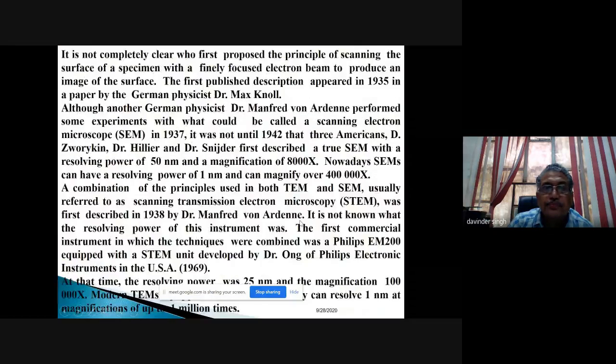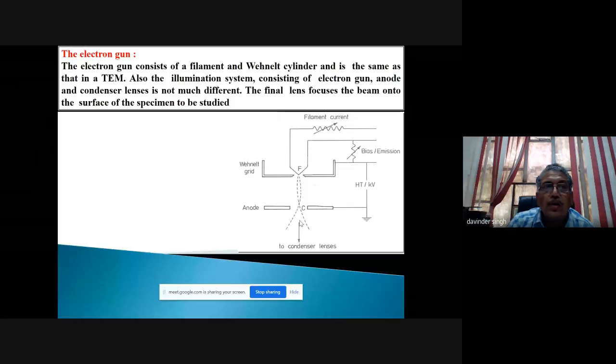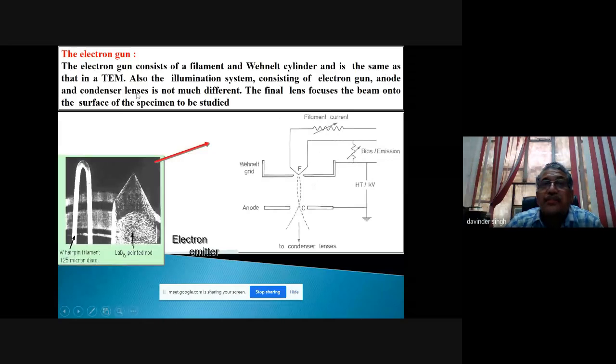The electron gun basically consists of a filament and a wire-net cylinder, and is the same as that in the TEM. So the gun could be either for TEM or SEM, it is the same. Then the anode and condenser lenses are not much different. The final lenses focus the beam onto the surface of the specimen that has to be studied.